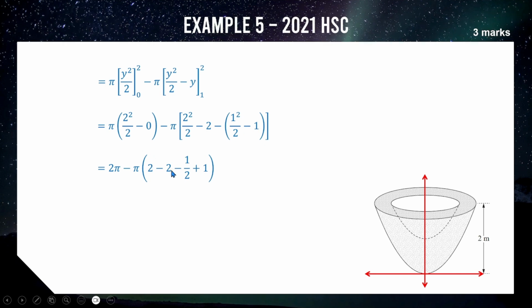Okay, so 2 minus 2 is nothing. Minus a half plus 1 is a half. So this whole bracket just turns into positive a half. So we end up with 2 pi, take away a half of pi. So 2 lots of something, take away half of something is going to end up with 1.5 of something. So we're going to end up with our answer being 3 pi over 2, or 1.5 pi, with our cubic units, of course, for our final answer.